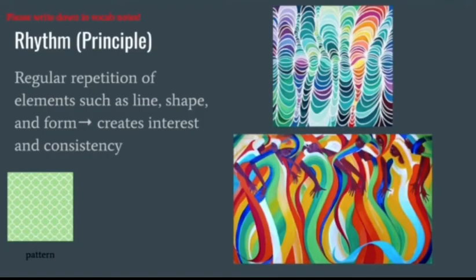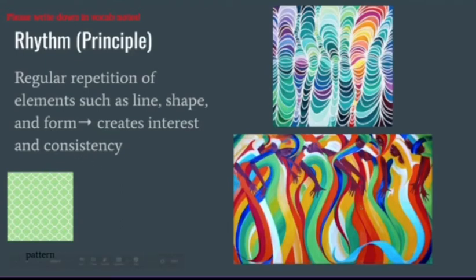So now I need you to write down these things into your sketchbook notes. So we are going to be looking at rhythm, which is a principle of art, so you can put it under that column, principles. So rhythm is regular repetition of elements such as line, shape, and form. Creates interest and consistency.